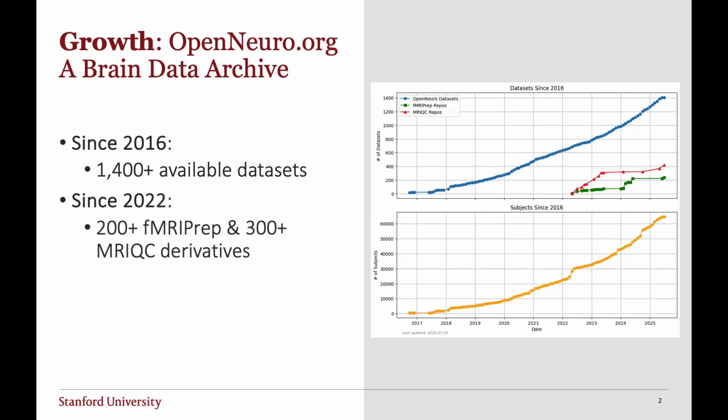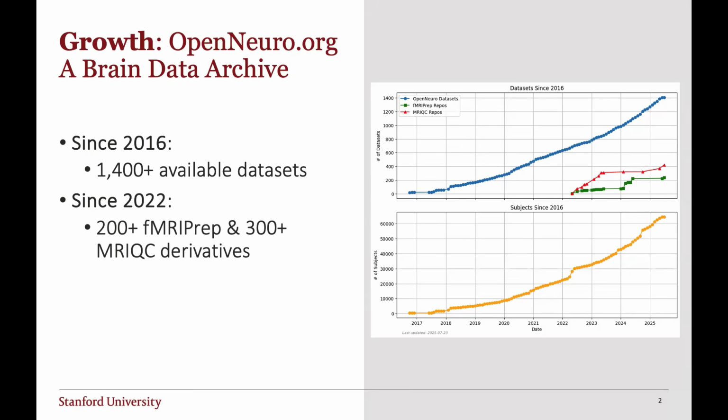After the initiative started and they were trying to build out this archive where people can upload and share data in a structured manner, in the last few years, they've got funding and have been pushing an effort to generate derivatives. Compute time is very expensive for task fMRI data, as many of you know, and there's lots of task fMRI data sets on OpenNeuro.